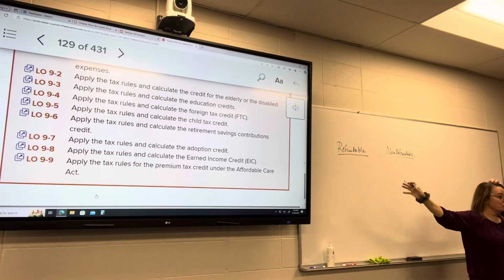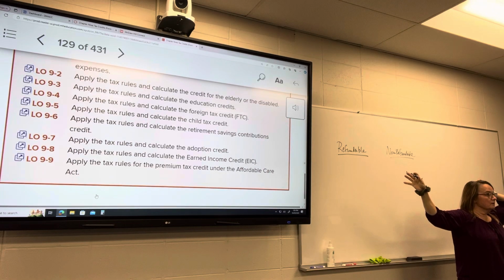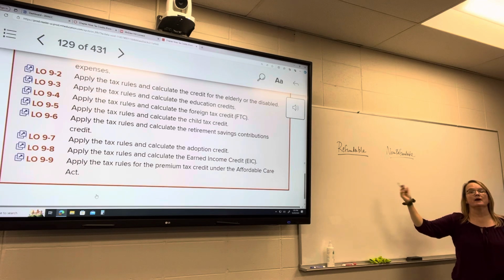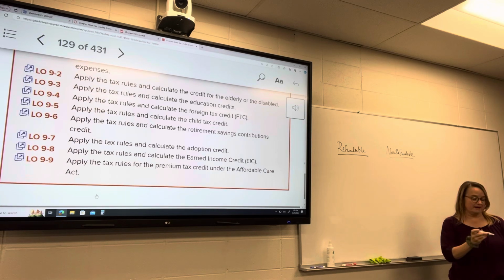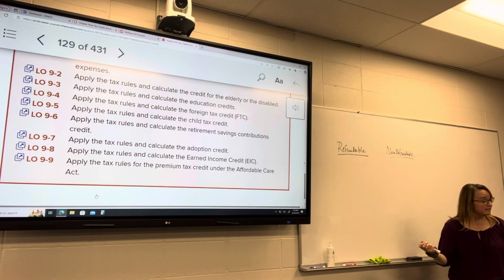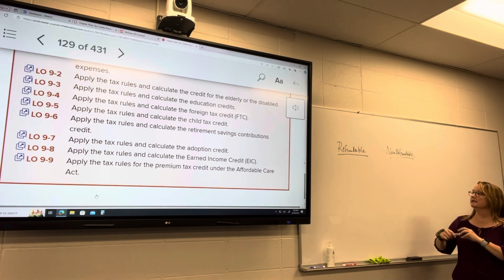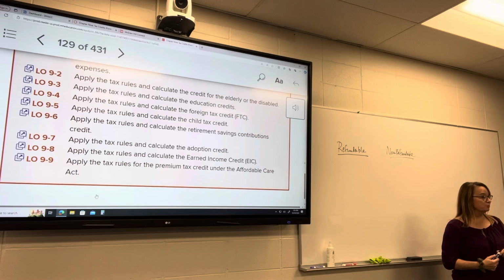A refundable credit means that you're going to get back money when you didn't even have any tax liability. So if you do the calculation of what your taxes are, and it turns out you don't have any tax liability, zero, when you get down to the end, if you have a $2,000 refundable credit, you're getting $2,000 back.